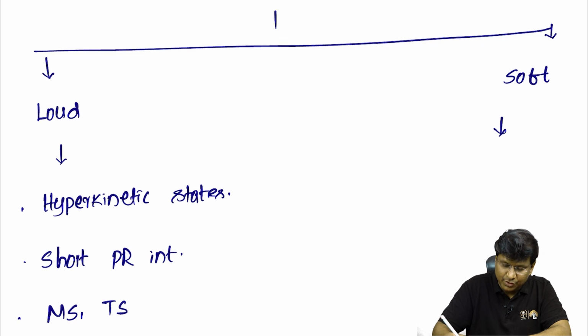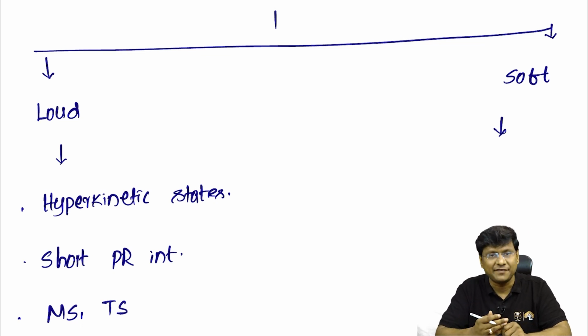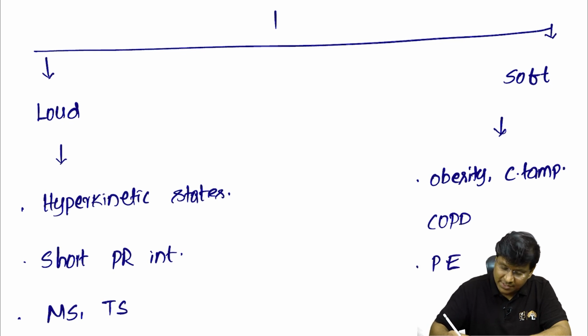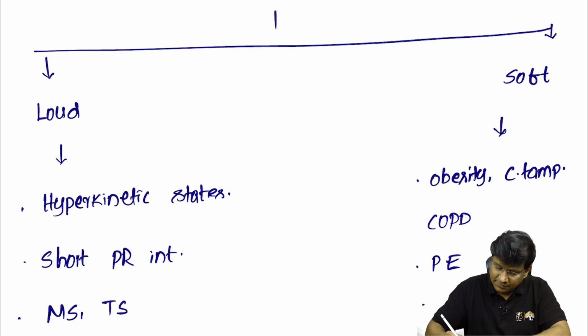The conditions where you have a soft S1 are those where there is poor conduction of the sound to the surface of the chest. That is in patients with obesity, cardiac tamponade, COPD, left-sided pleural effusion, and pericardial effusion. Not only pleural effusion on the left side, but even pericardial effusion.